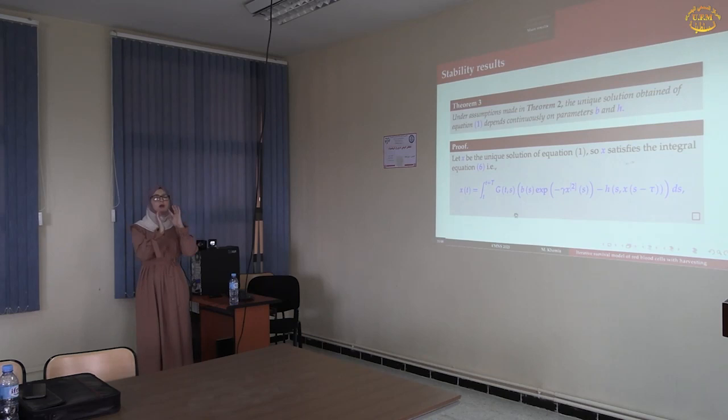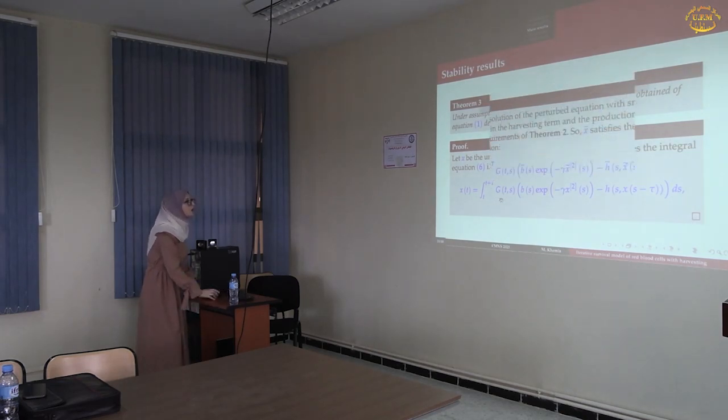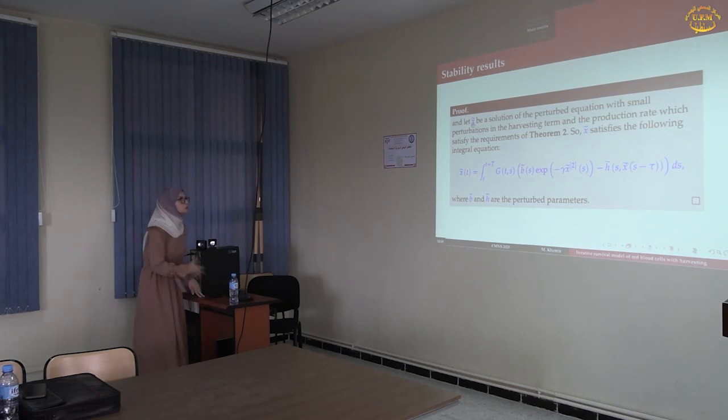Here we present our last theorem, which establishes the continuous dependence on parameters of the unique solution. For this, let x be the unique solution of equation 1, so x satisfies the integral equation 6 as follows. And let's assume there is another solution of the perturbed equation, with small perturbations in the harvesting term h and production rate b, which also satisfies the integral equation 6.